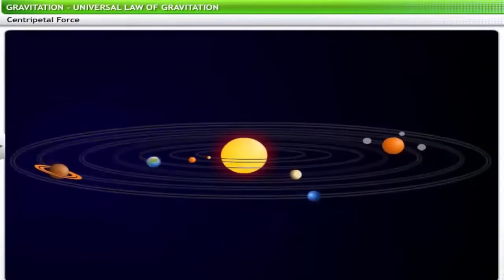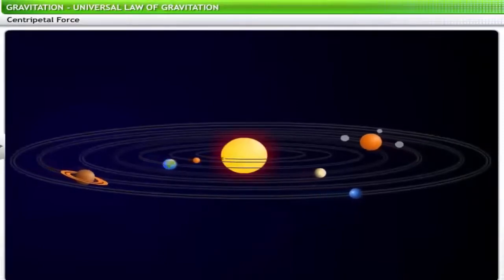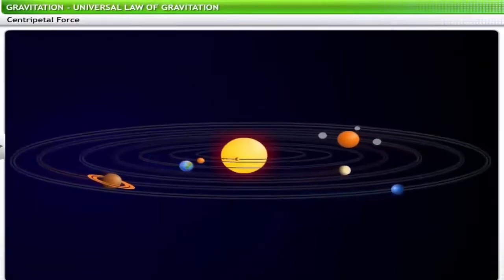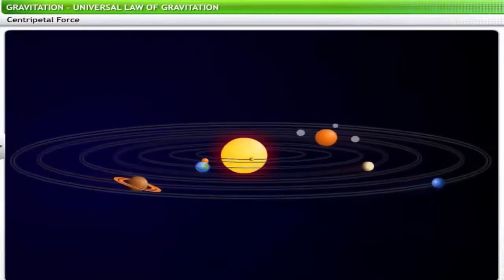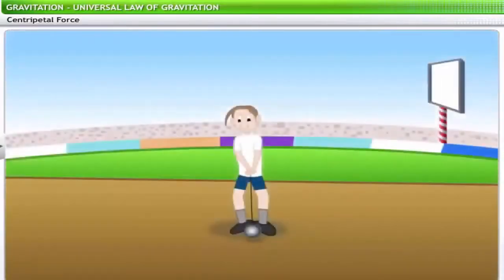This is the reason that the Moon and the planets revolve in their respective orbits instead of falling on each other. For a better understanding of centripetal force, let's observe a game of hammer throw, an Olympic athletic event.